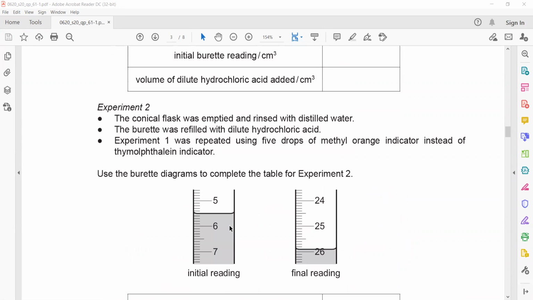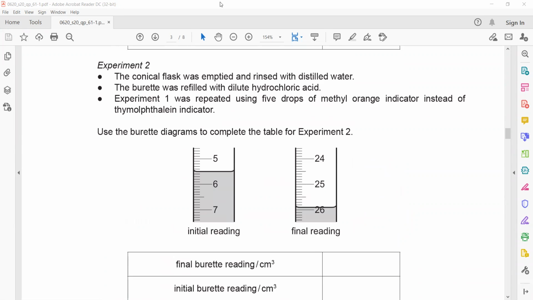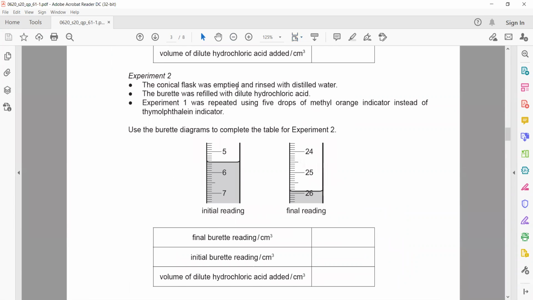The next part, experiment 2. Experiment 2: the conical flask was emptied and rinsed with distilled water. The burette was refilled with dilute hydrochloric acid. Experiment 1 was repeated using 5 drops of methyl orange indicator instead of thymolphthalein indicator. Use the burette diagram to complete the table. Use the screen annotation to complete the table.